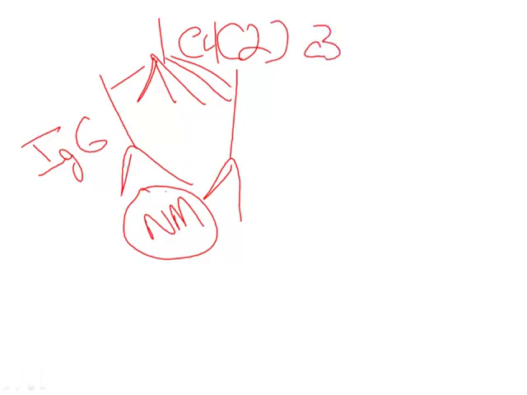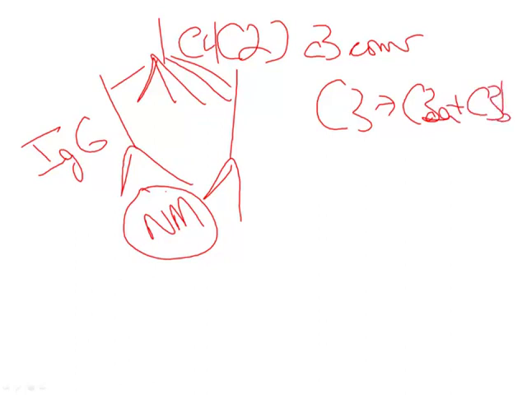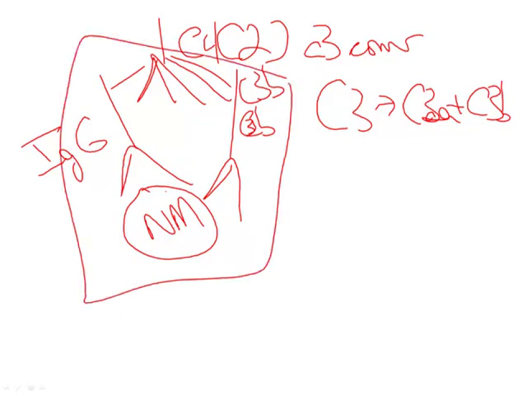And the C3 convertase would take C3 and cleave it to C3a and C3b. And C3b, remember, is an important opsonin. So as C3b begins to attach to this complex, it would act as an opsonin, which would then allow for removal of this antigen-antibody complex.